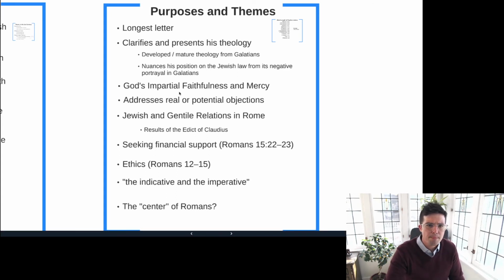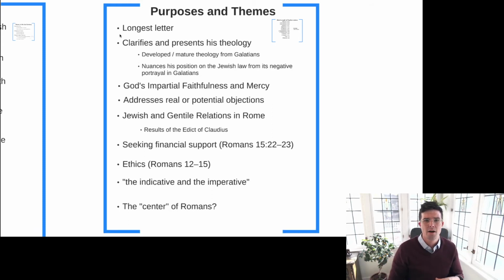So what we find is that with Romans being Paul's longest letter, Paul really clarifies, and as I said, in this accordion style, presents his theology to the Roman Christians. It appears that he's developed this theology, and he's also nuanced his position, particularly on the Jewish law, from what he portrayed in Galatians.